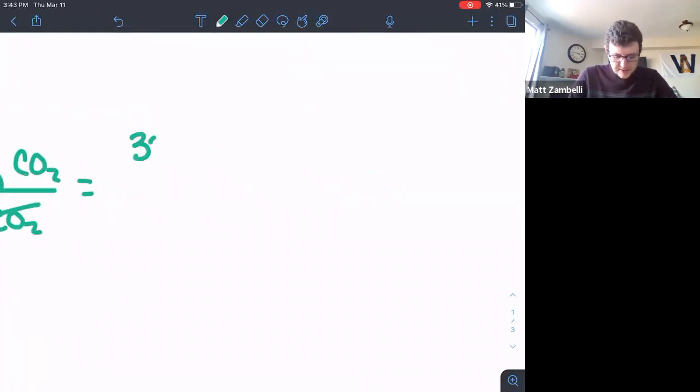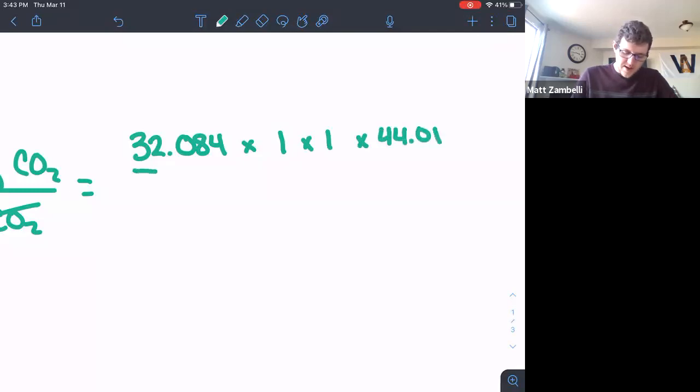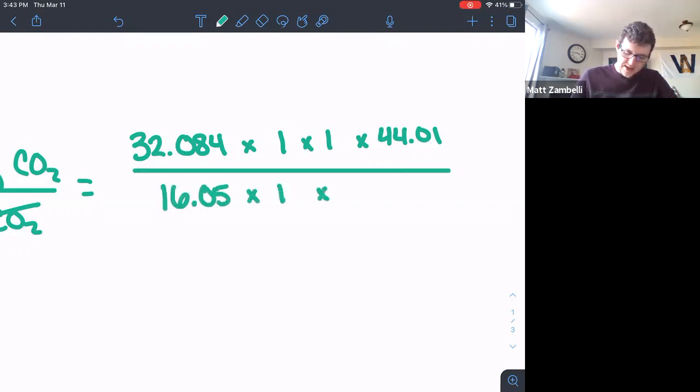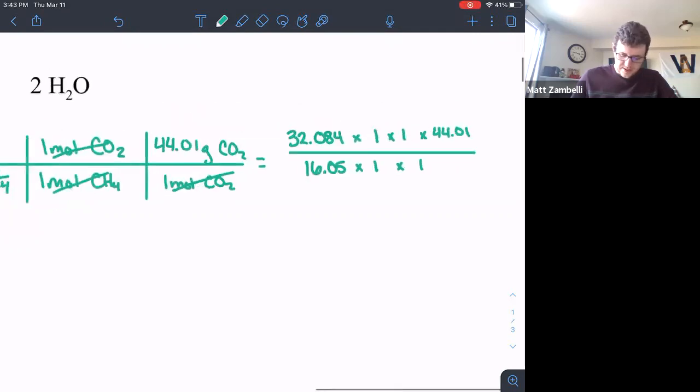So we do the 32.084 times the 1 times the 1 times the 44.01, all divided by our 16.05 times 1 times 1. And this will give us our value for grams of CO2. And what do we get?